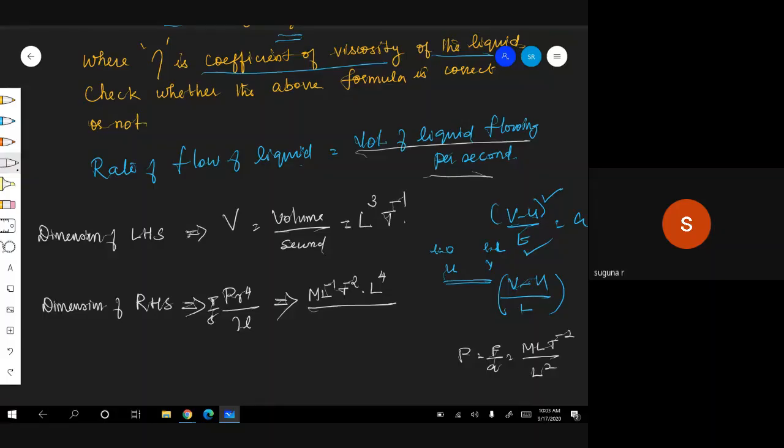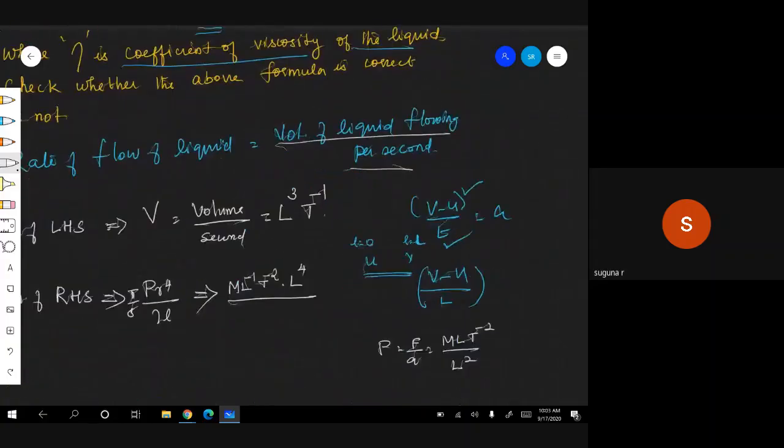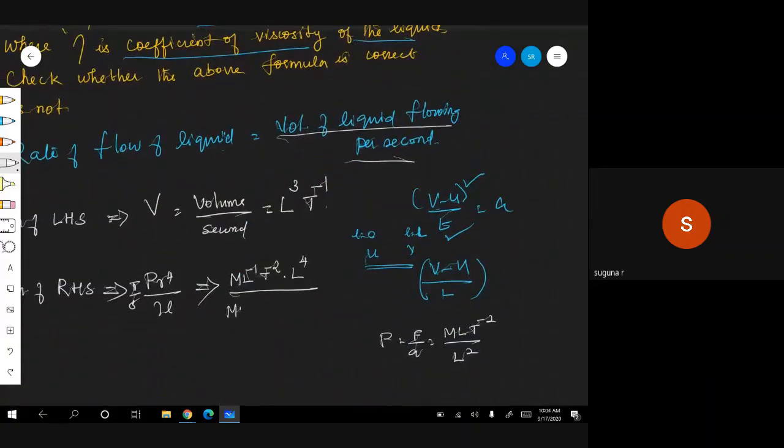Eta. What is eta? M L power minus 1, T power minus 1. Into L. For L, it is L. Correct? Got it. Now, L power minus 1, L power minus 1, L power 4 together, L will become 3. T power minus 1, T power minus 2.